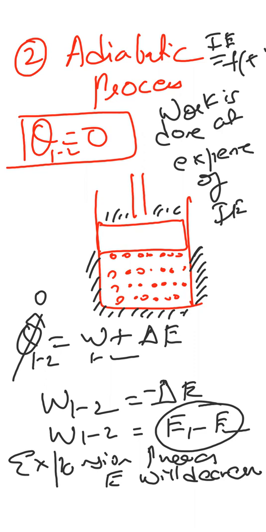So this is the first thing, note it down and raise your hand if it is clear to you. Adiabatic process: heat transfer is zero in adiabatic process. That is the main thing in adiabatic process. Note it down, please.